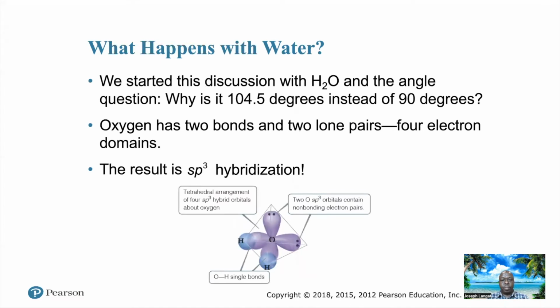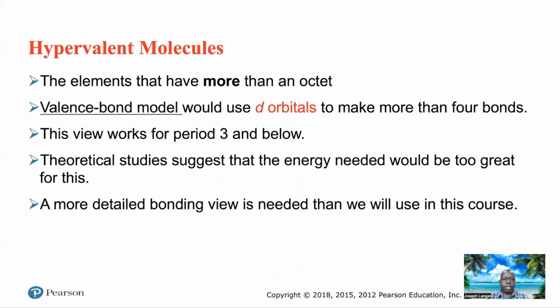This is CH4. For example, H2O: oxygen has 2 bonds and 2 lone pairs, resulting in sp3 hybridization.